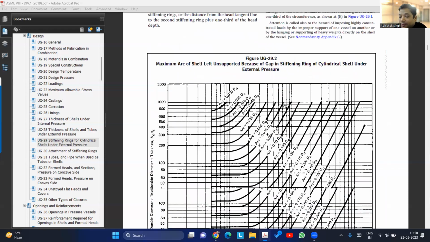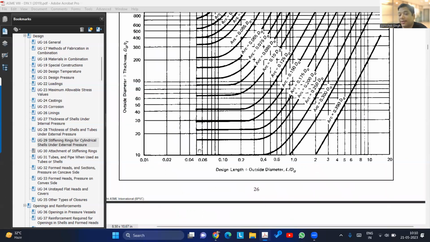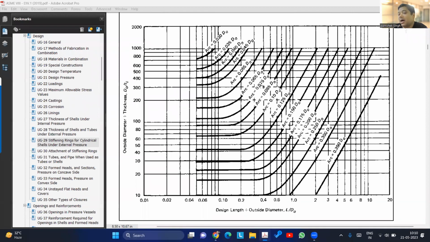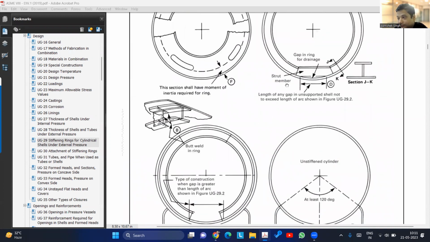If you see this, you have to find out L by D naught ratio and D naught by T ratio, and see which arc it is intersecting. Based on that, like, let us see if it's touching this arc. So based on that, 0.065 into D naught is the value of your arc, which can be without support. That much gap you can have. Is it making sense, Sumit? Is it what you asked?